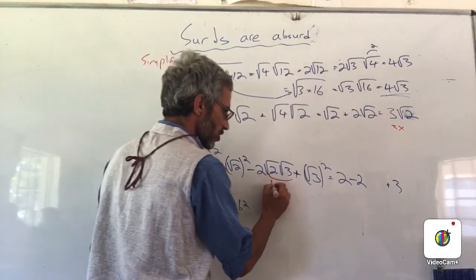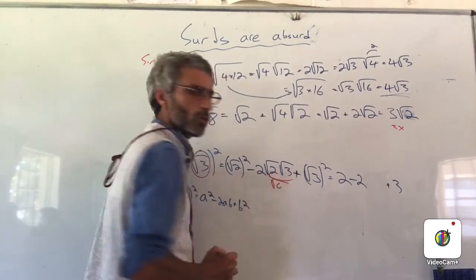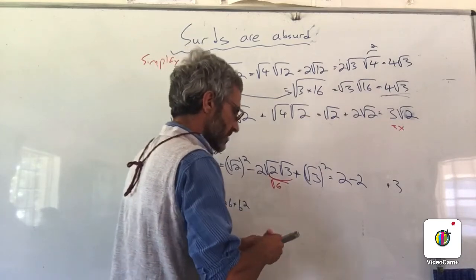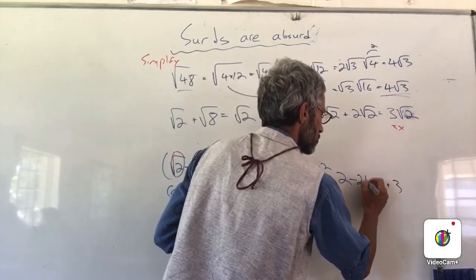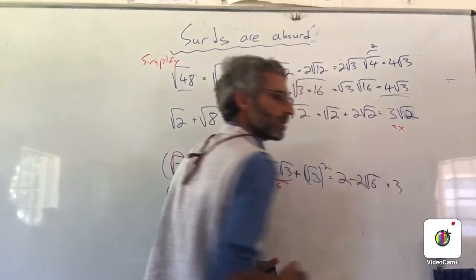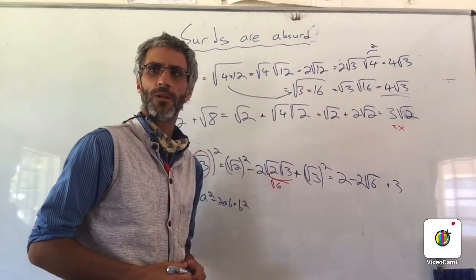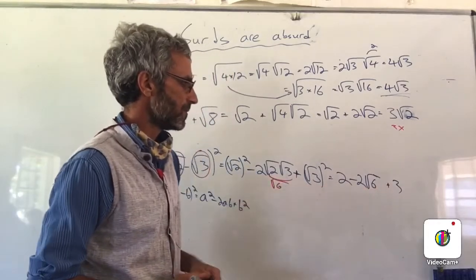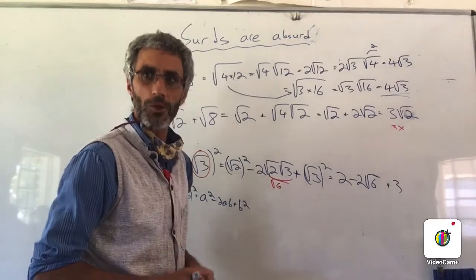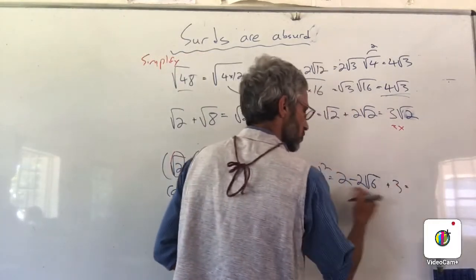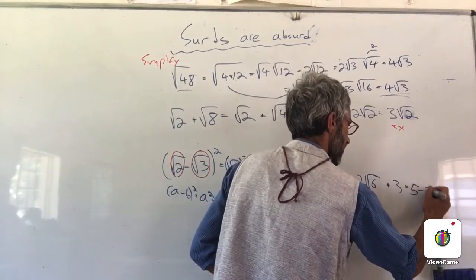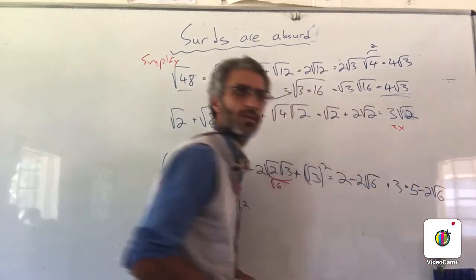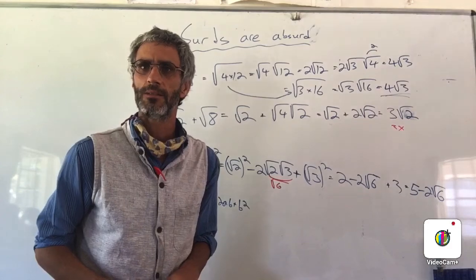It's just going to be the square root of 2 times 3, square root 6. So we write it as minus 2 square root 6. Now, is there anything I can do on this here? 2 plus 3. These two I can add. I've got 5 minus 2 square root 6. And that's it.